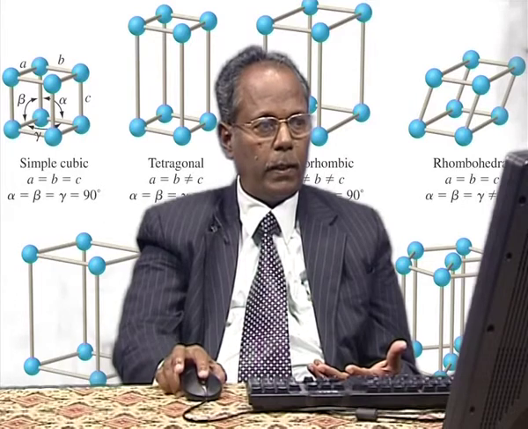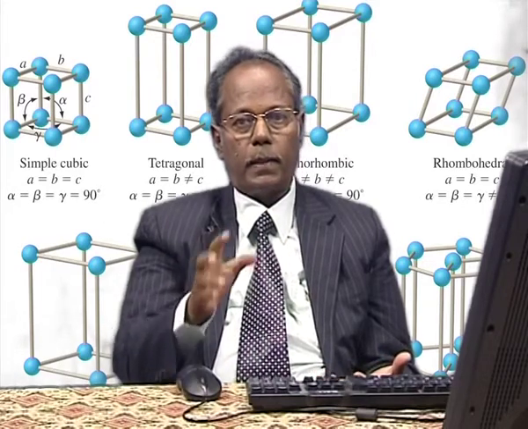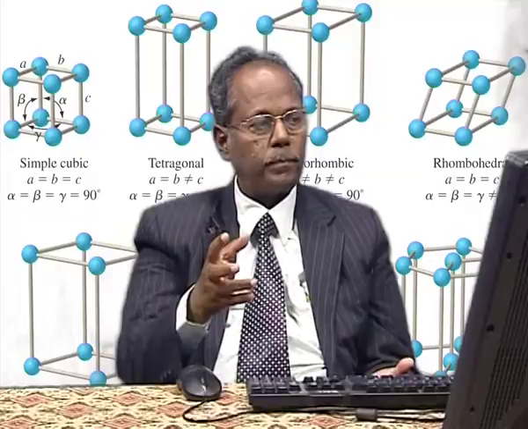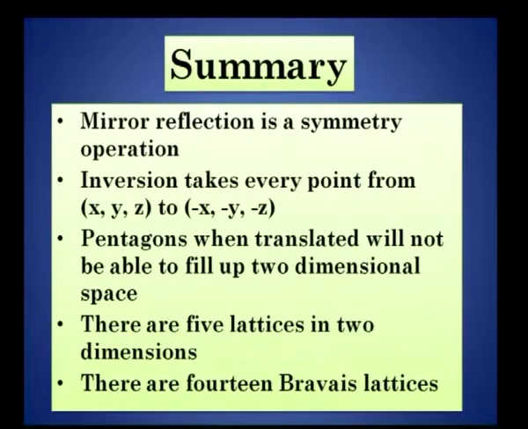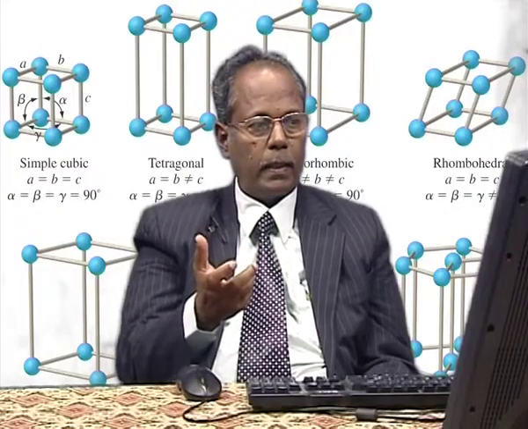Now, let me summarize the lecture that I have given so far. Mirror reflection is a symmetry operation. What is inversion? Inversion takes every point from x, y, z to minus x, minus y, minus z. If that is so, then the object has got an inversion center, right.